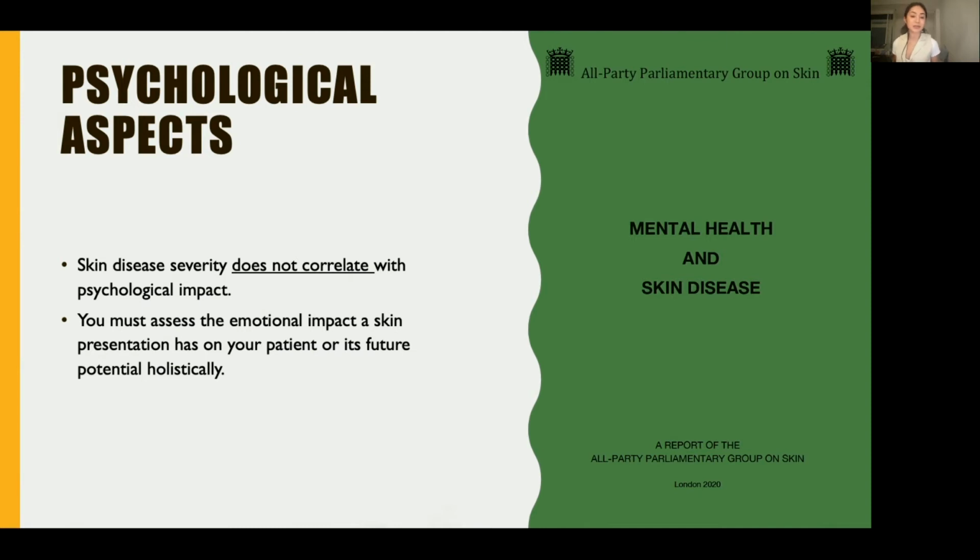And on the other hand, you might have someone who has pyoderma gangrenosum, which we mentioned earlier, a really horrible ulcer, but they could be fine. They might just have some mild anxiety. You just have to assess the emotional impact that this skin presentation is having on your patient. And also because skin lesions relate to your self-confidence, your mood, your body image.